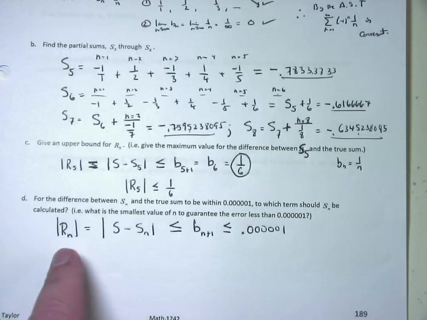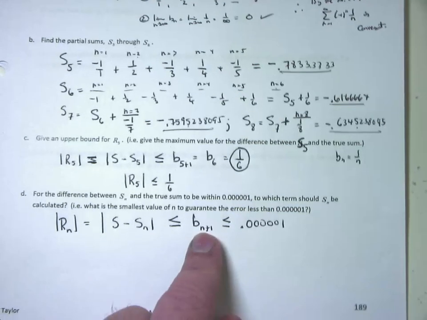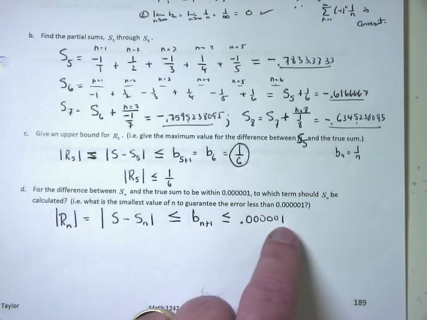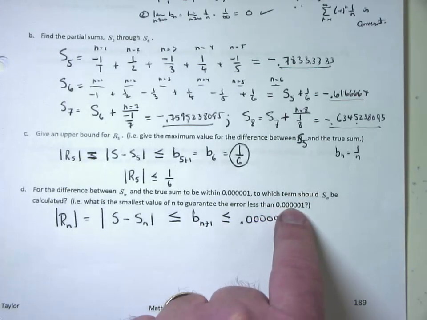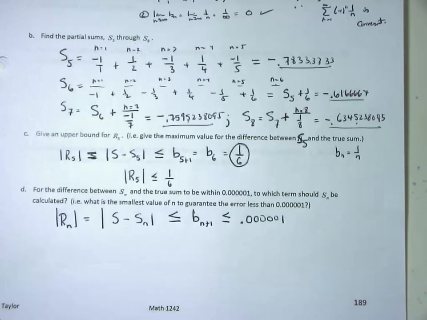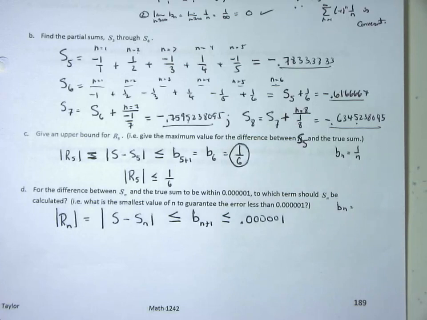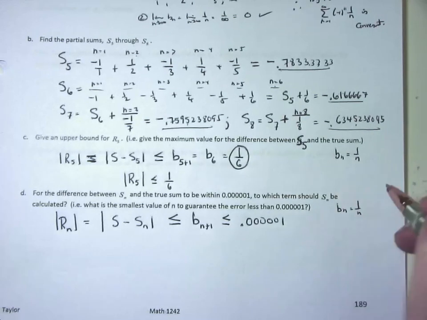So this is my formula for the remainder, my error, if you will. And I want that error to be less than the tolerance, 0.000001.